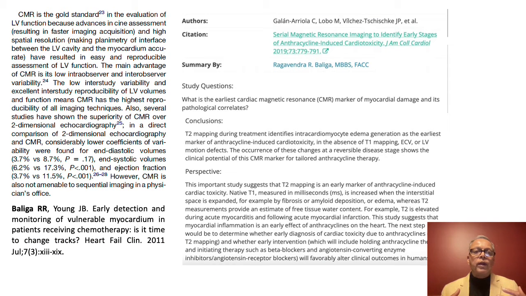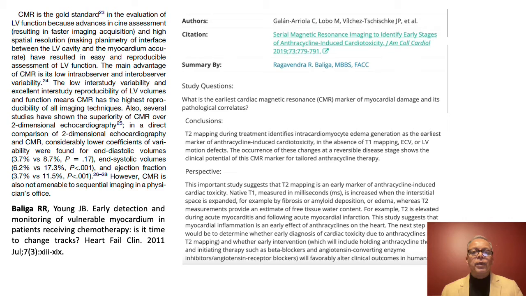Cardiac MRI is the gold standard in the evaluation of LV function and has a high spatial resolution. The main advantage is its low intra-observer and inter-observer variability. However, cardiac MRI is also not amenable to sequential imaging in the physician's office.